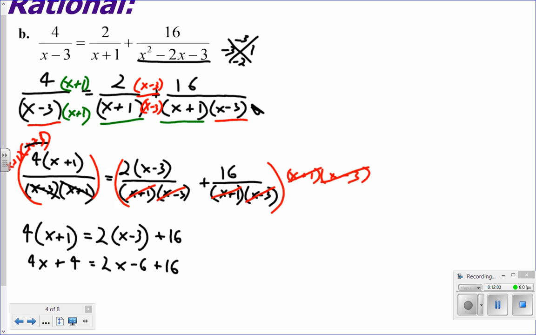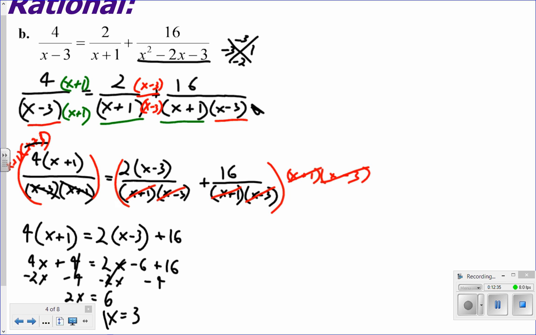I should just be able to solve this by collecting like terms. So I'm going to get all my x's on the left and all my constants on the right. So I'm going to minus 2x, minus 4, minus 4. So I get 2x is equal to negative 10 plus 16 is 6, so x must be equal to 3.